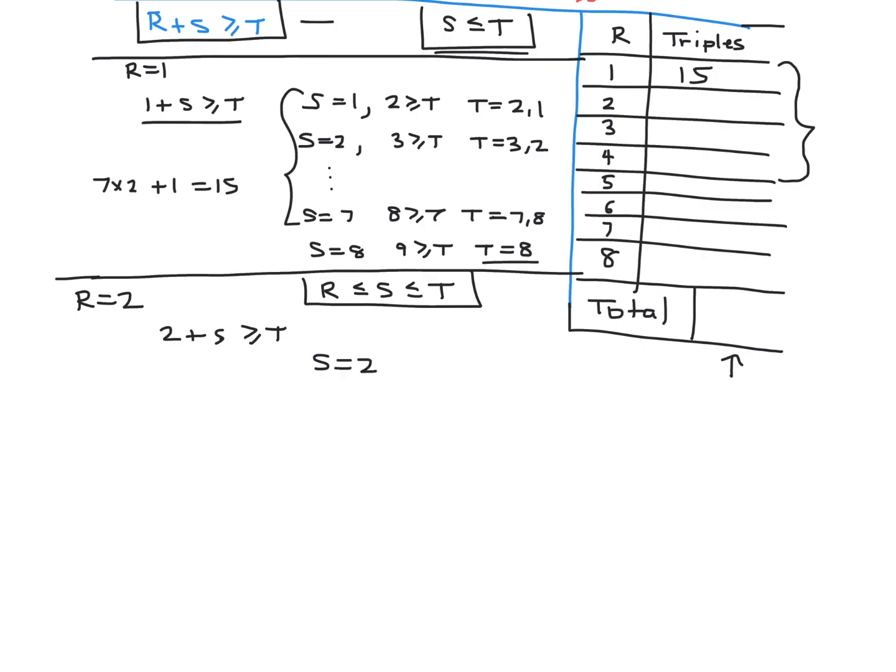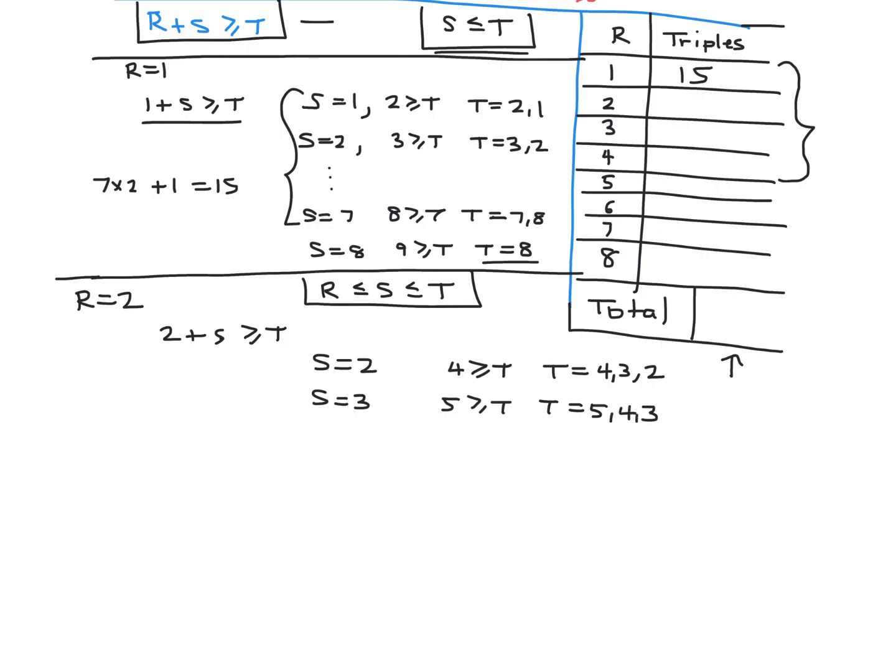If s equals 2, that equation becomes 2 plus 2, which is 4, is greater than or equal to t, and therefore t would be 4, 3, or 2. When s equals 3, the equation becomes 5 is greater than or equal to t, and therefore t is equal to 5, 4, or 3.